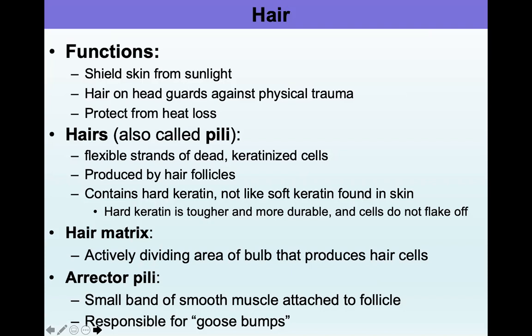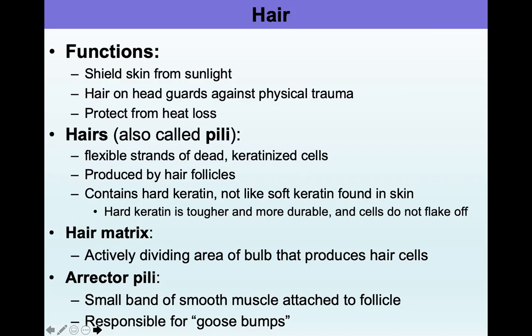Okay, the other word for hair is pili, depending on how you pronounce it. What is your hair actually made up of? The function is actually very similar to your skin. They're part of the same system. It is just the flexible version of keratinized tissue.